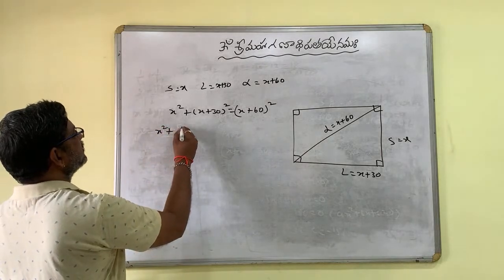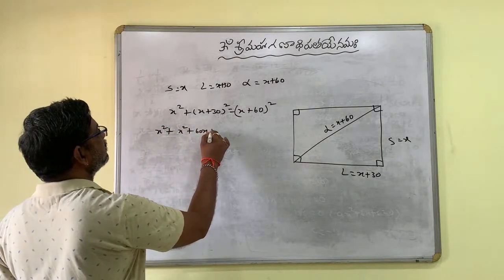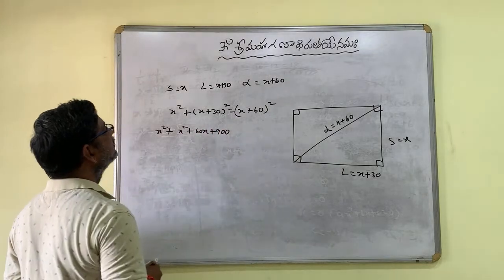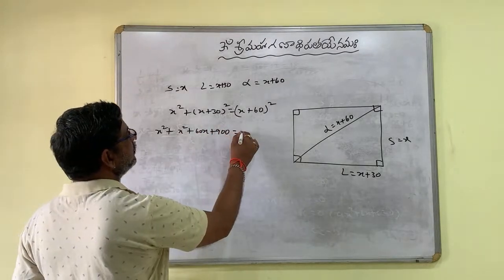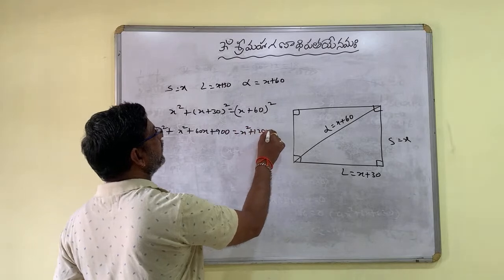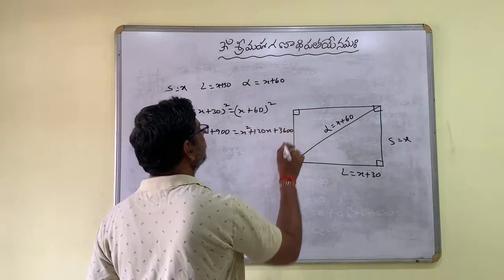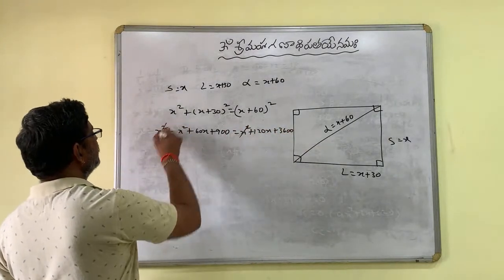x square plus x square plus 60x plus 900 is equal to x square plus 120x plus 3600. You can cancel one x square.